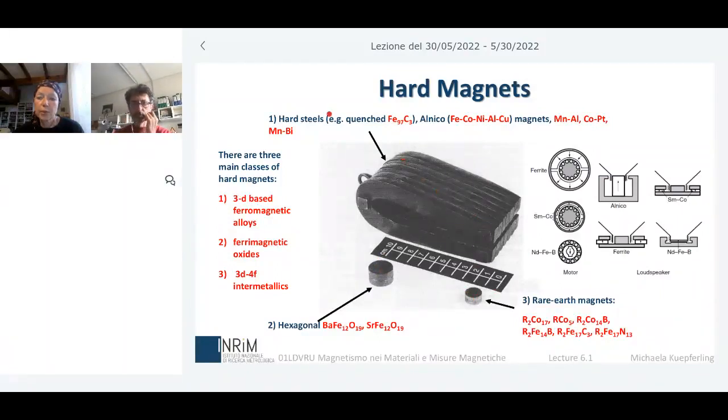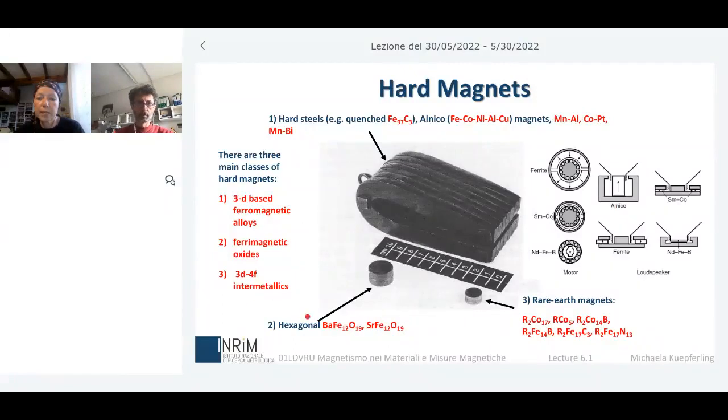This first one relates to the category of aluminium, nickel, cobalt magnets or hard magnetic steels, and then there are some other alloys performing similarly, let's say manganese-based ones, or cobalt platinum, and so on. So these are the 3D-based ferromagnetic alloys.